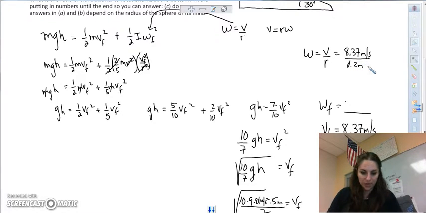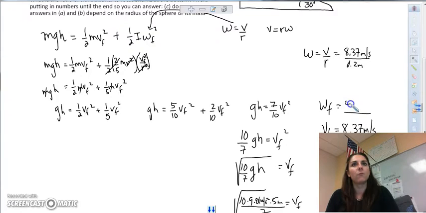When we do that, we get 41.85 radians per second.